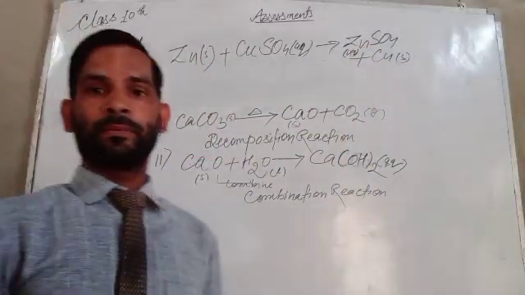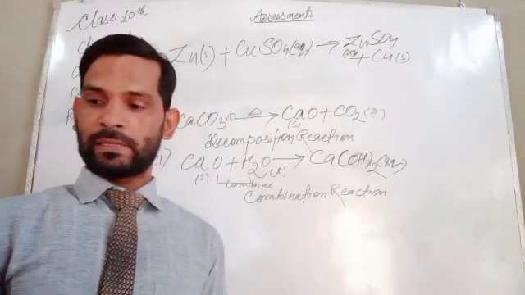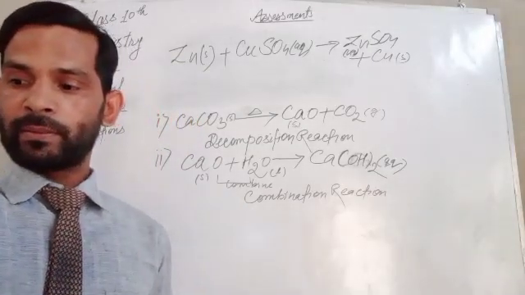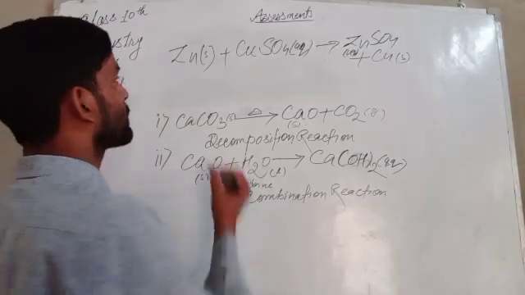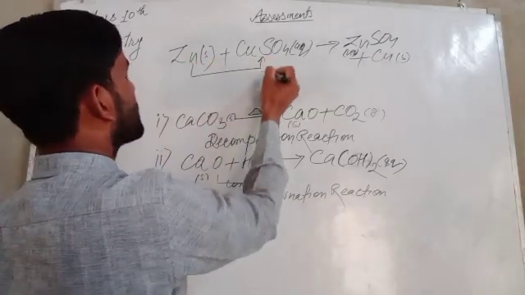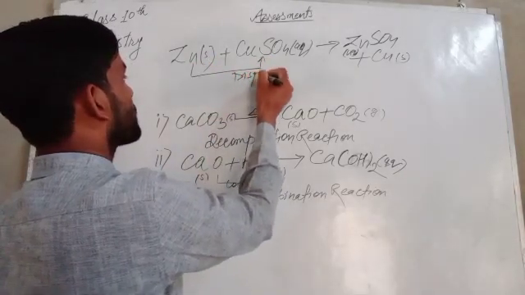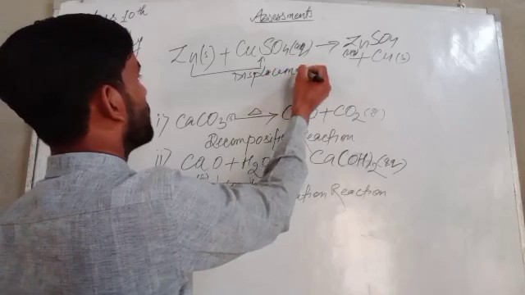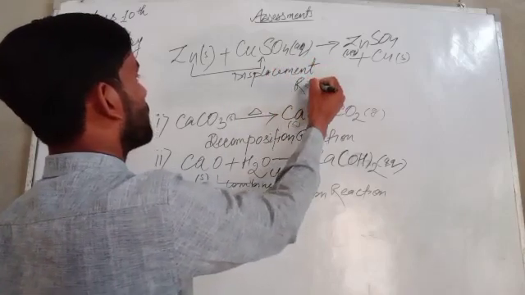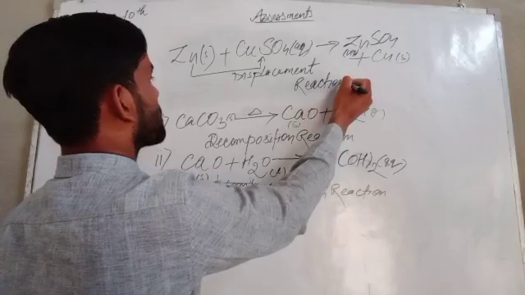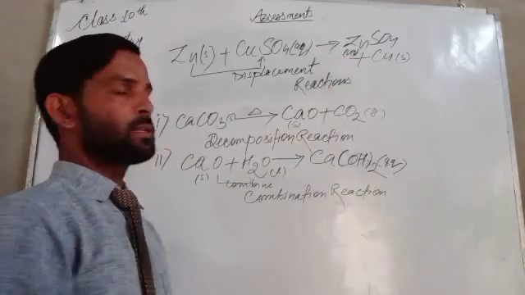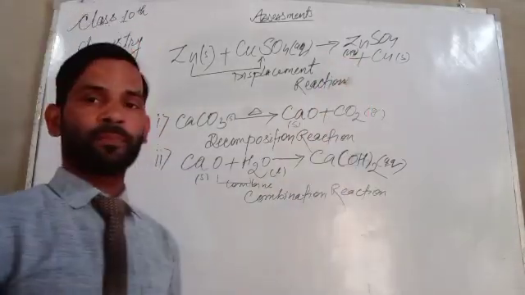So here zinc replaces the copper. So that one is said to be what? It displaces. So this type of reaction is said to be a displacement reaction.